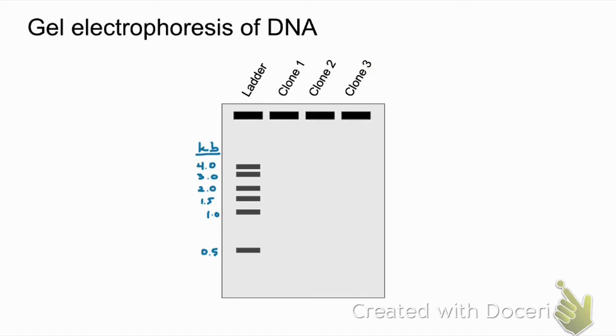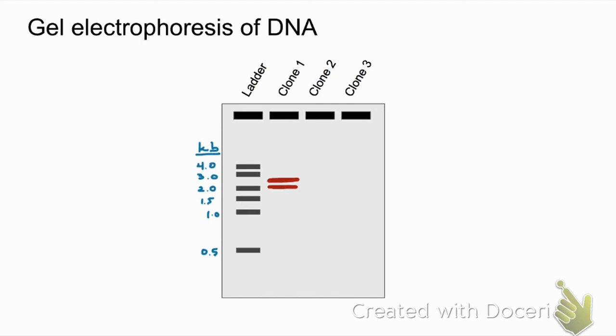Let's assume that clone 1 here is a clone that contains only the plasmid and not the gene that we wanted to clone into that plasmid. You'll recall from our previous slide that this would produce fragments of 2 kb and 2.5 kb. And so if we were to run a gel electrophoresis, we would see products that look roughly like this.